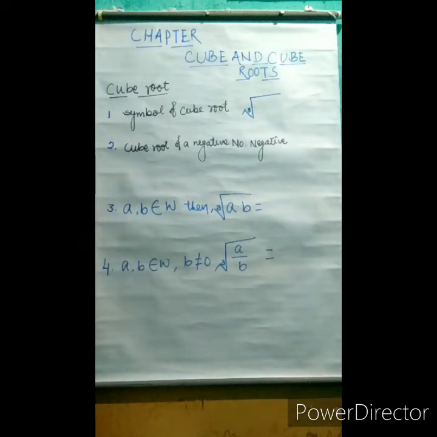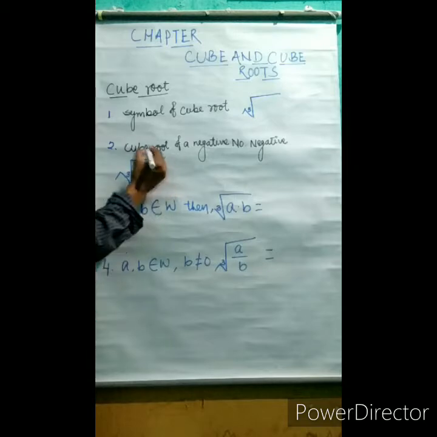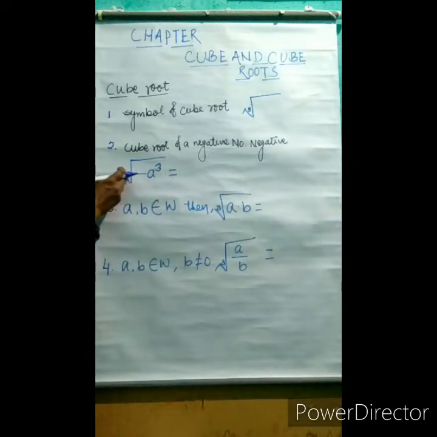Now the cube root of a negative number is always negative. Let's see how. We are going to find the cube root, so we write a small 3, of minus a cube. We need to find this. Cube root means power of the given number 1 over 3.